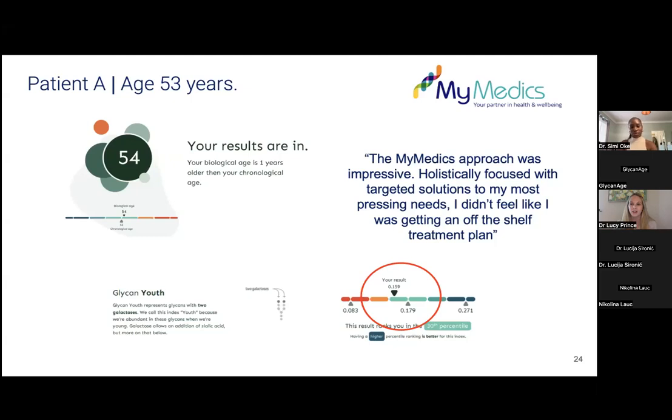This is a lady who was quite overweight, who was struggling to access high quality, timely menopause care in the NHS, and was a little bit disappointed with her initial score of 54. So we looked specifically at her glycan youth marker. That seemed like a good place to start, and we were delighted.